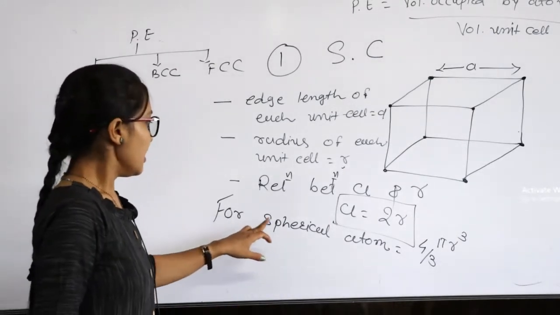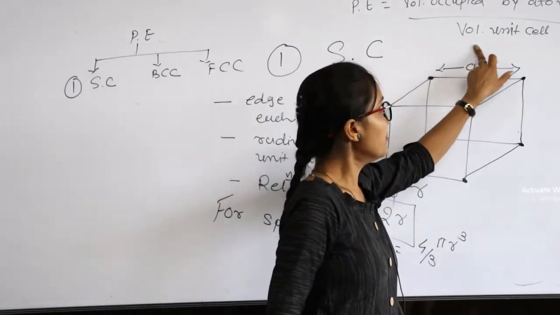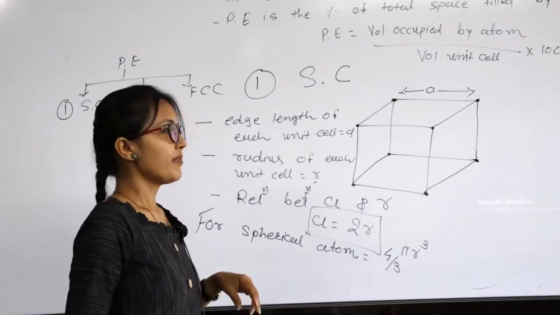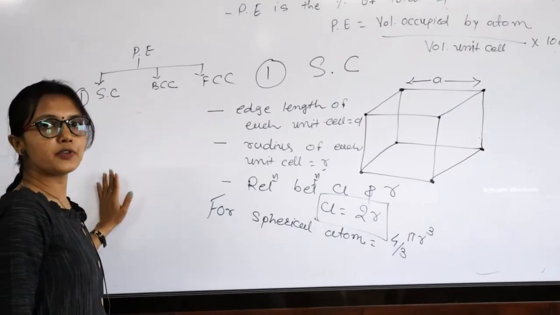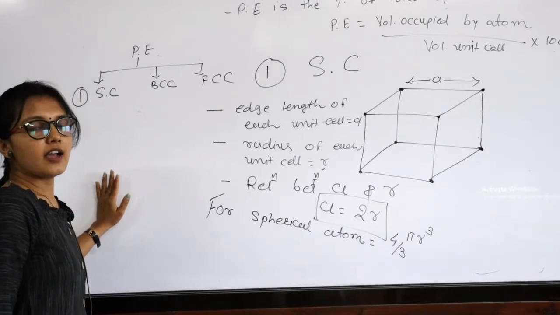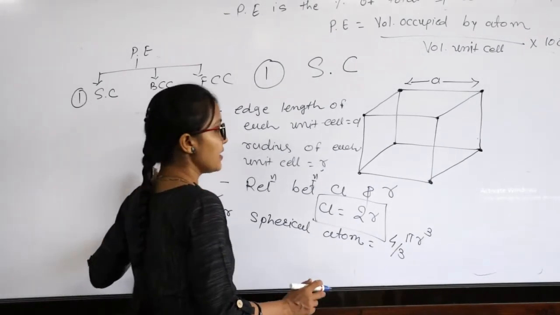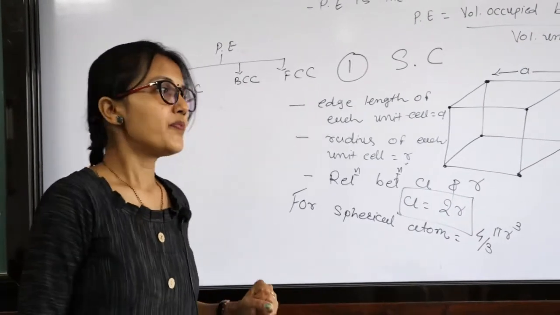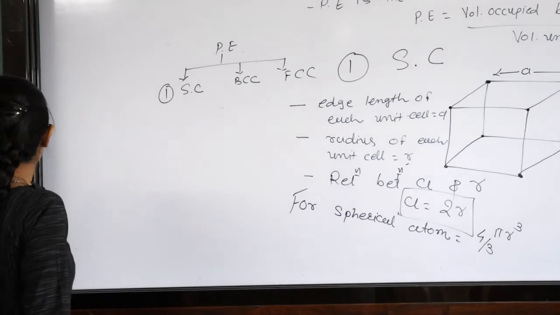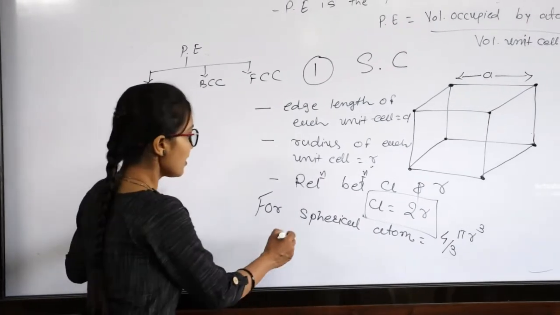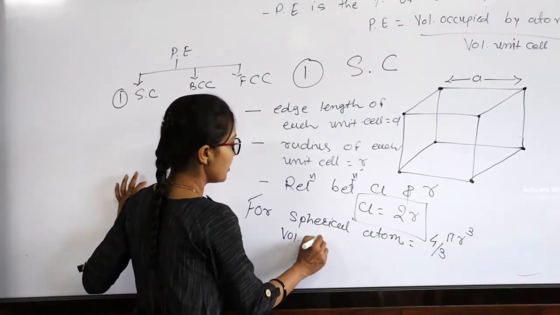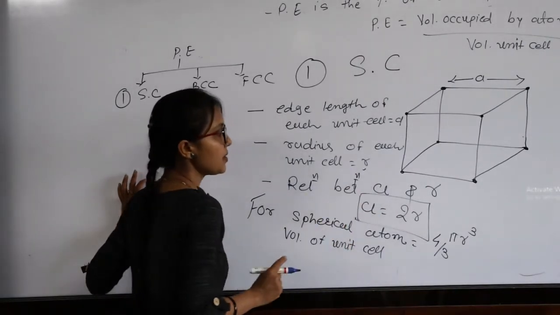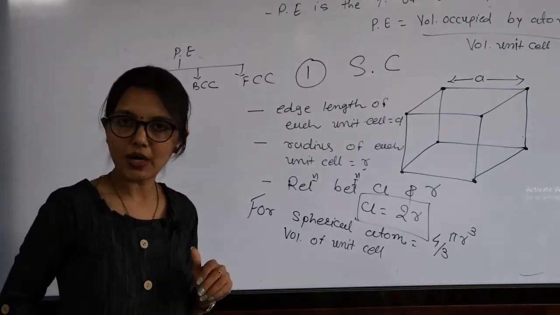Second thing, what is the volume of unit cell? Clear? The volume of unit cell is what we want to use here. The volume of unit cell is equal to, you know, a is equal to 2r.